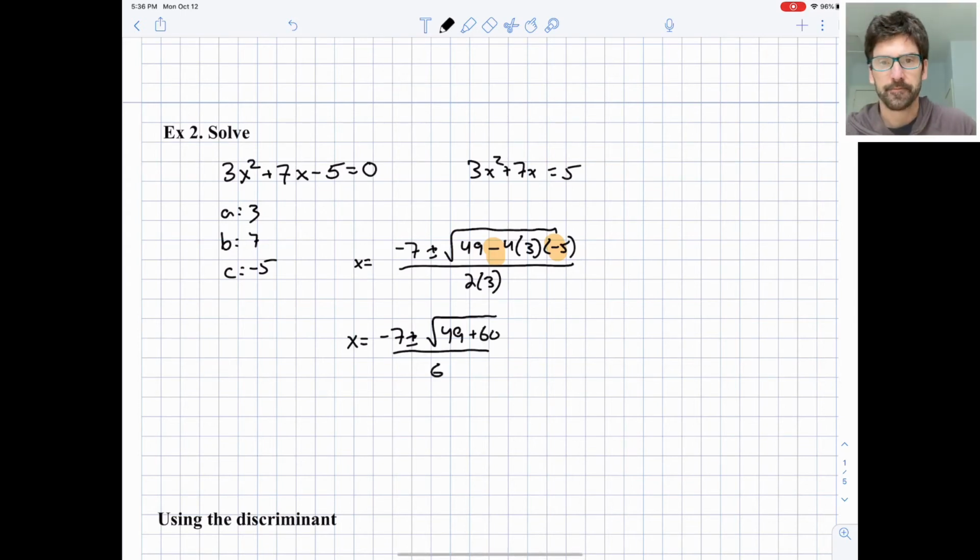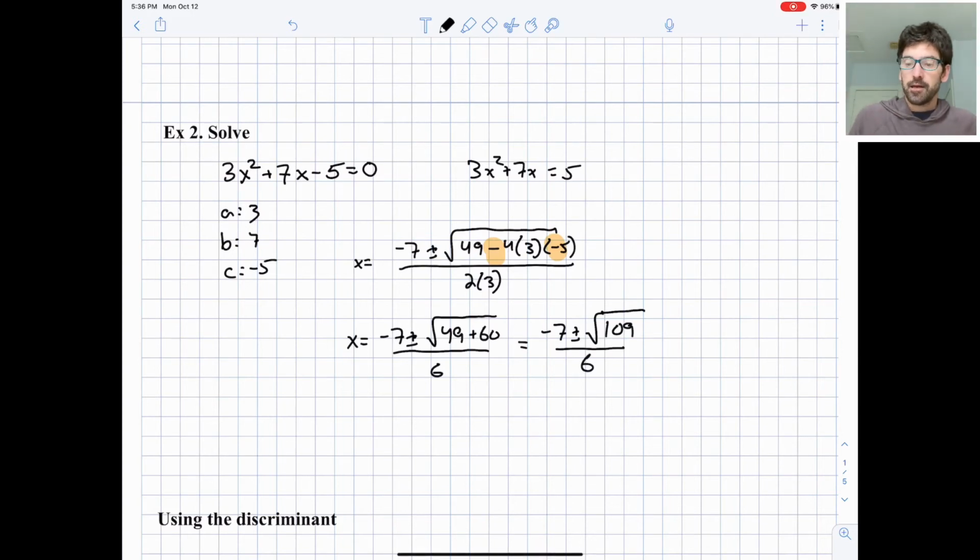All over 6, okay? So what you're going to see here is just a square root of a number that's not a perfect square. Like so, okay? And that would be a fine final answer if you're looking for an exact value.